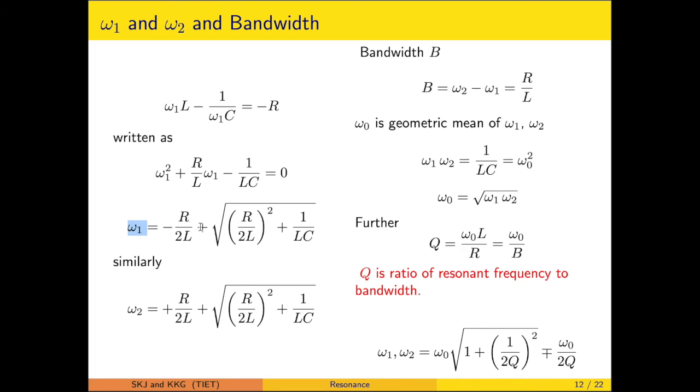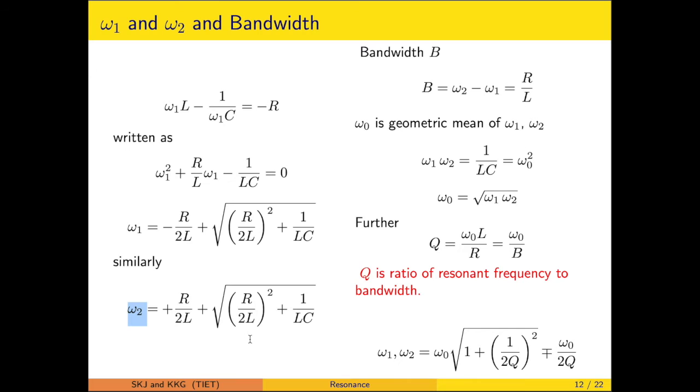The minus sign is to be discarded because the frequency cannot be negative. So here only the plus sign is considered. So omega 1 is expressed like minus R upon 2L plus root of (R upon 2L) square plus 1 upon LC. Similarly, you can calculate omega 2 while considering the positive sign on this particular side.